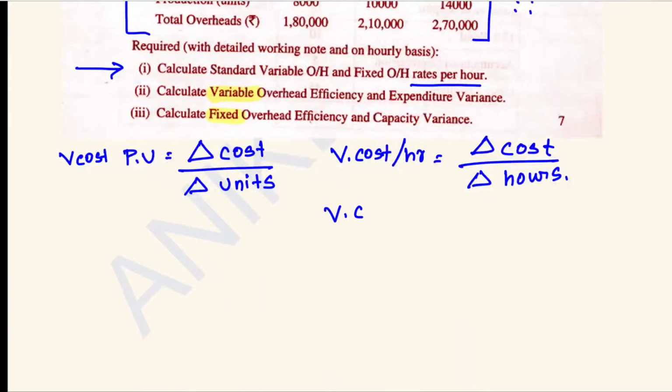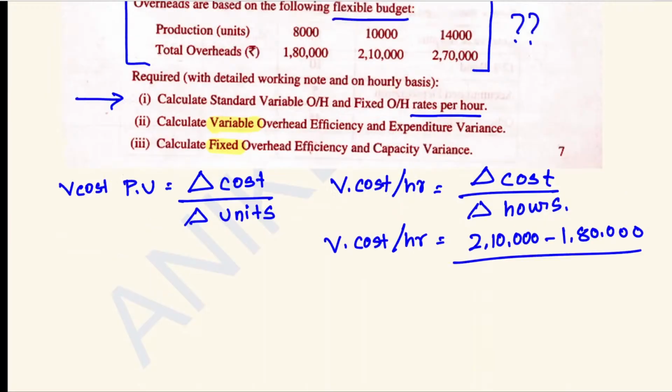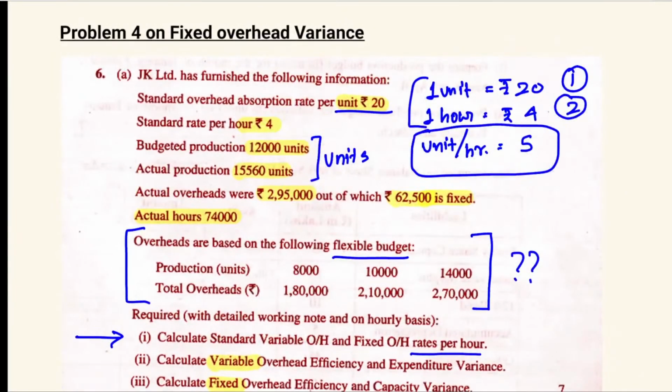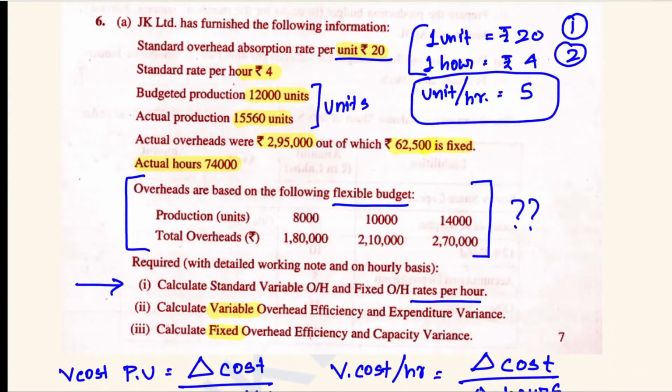So variable cost per hour is 210 minus 180 divided by units.